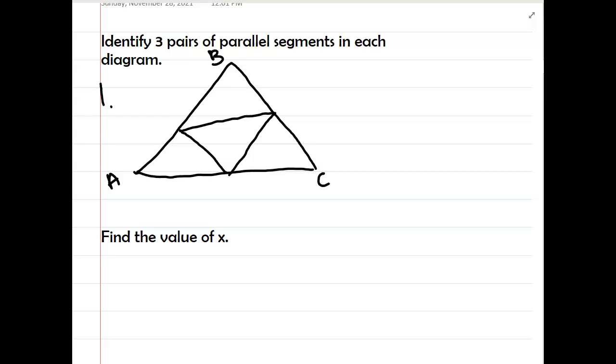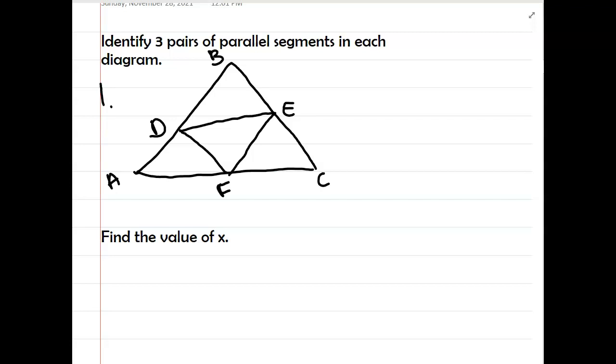And then this triangle on the inside is going to be D, E, F. Now, although they kind of look like mid-segments, nothing they tell me says that they're mid-segments, and we can't assume that.